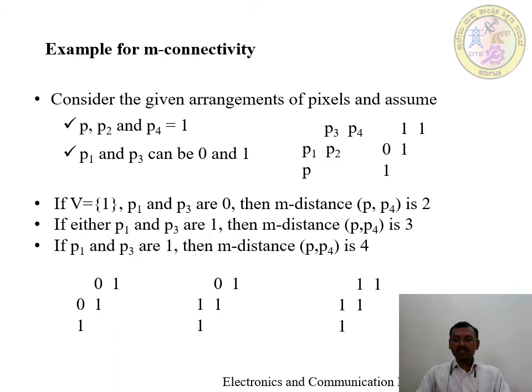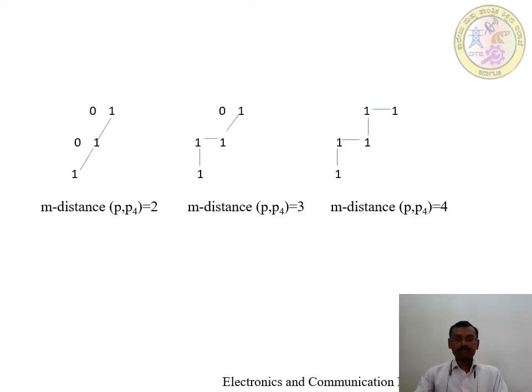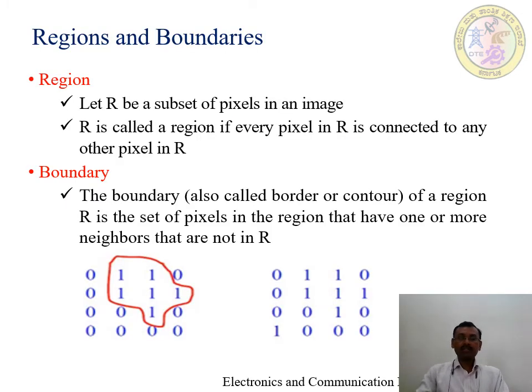If P1 and P3 are both 1, then the M distance between P and P4 is 4. This is that example, and in the modified versions the M distance between P and P4 is 2, 3 and 4 respectively.